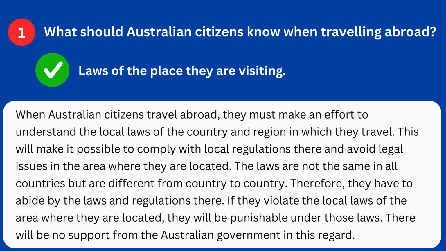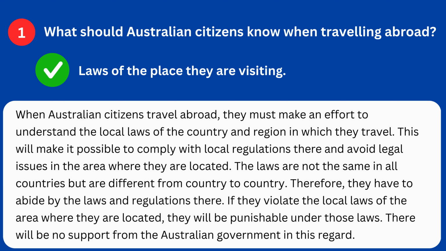Explanation. When Australian citizens travel abroad, they must make an effort to understand the local laws of the country and region in which they travel. This will make it possible to comply with local regulations there and avoid legal issues in the area where they are located.